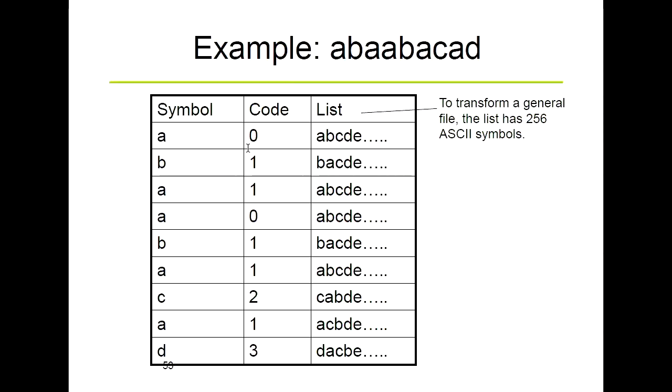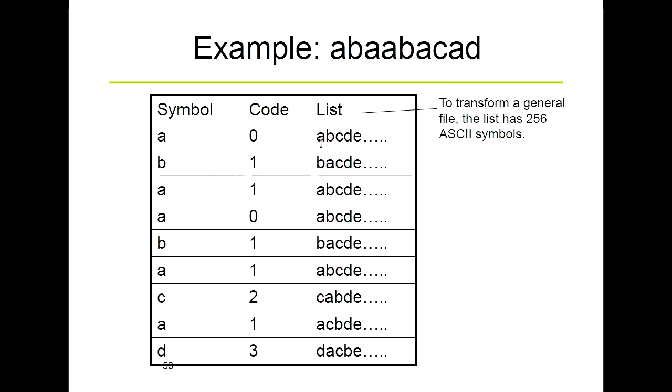After the symbol has been referenced once, we move that symbol to the front of the queue. So after A has been referred to, we move A to the front. But A was at the front first, so it's still at the front. Then the second symbol we refer to is B. B was in position 1: 0, 1, so it was in position 1.